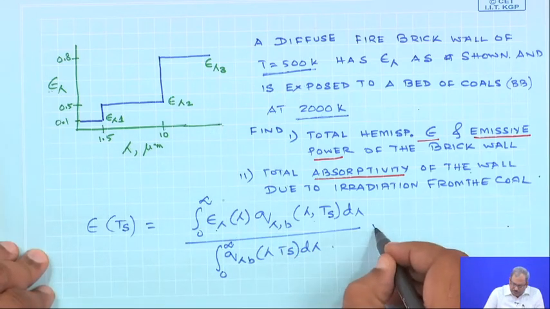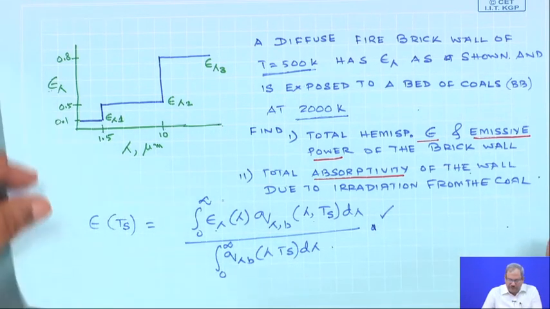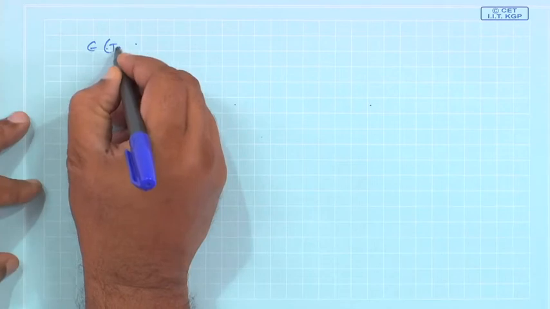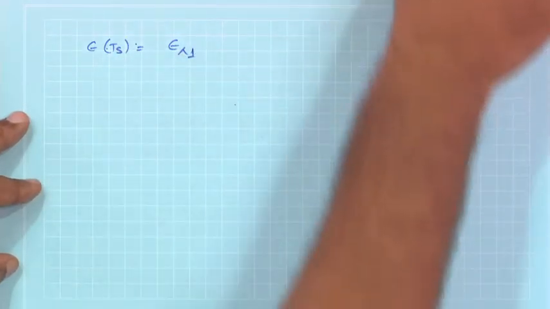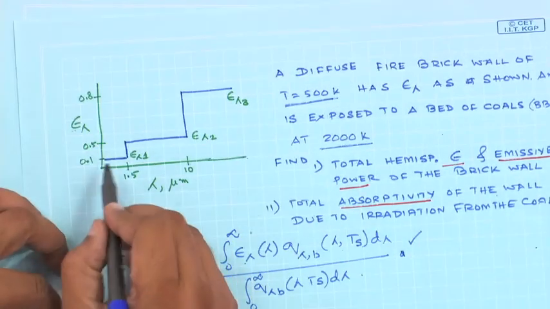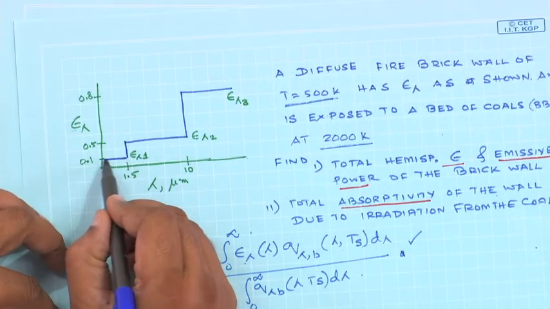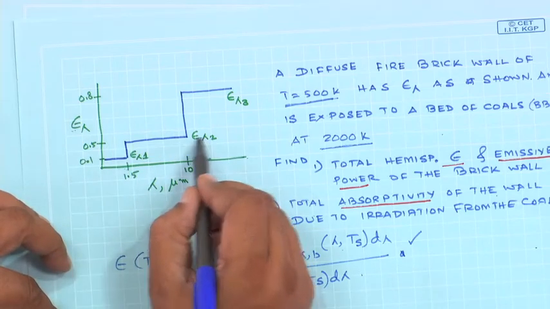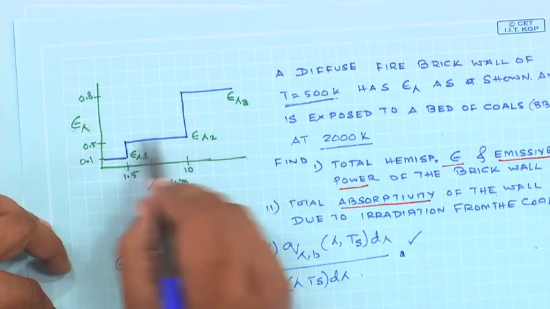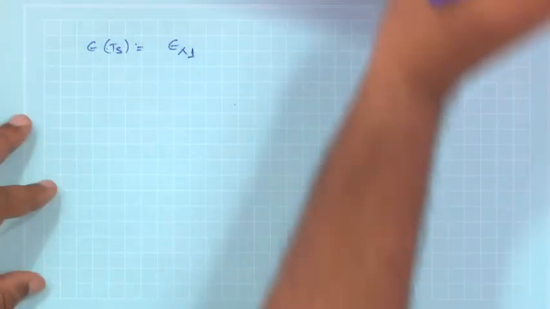So, my epsilon at Ts is going to be epsilon lambda 1, the constant value of epsilon between 0 and 1.5, epsilon lambda 2 between 1.5 and 10, and so on.